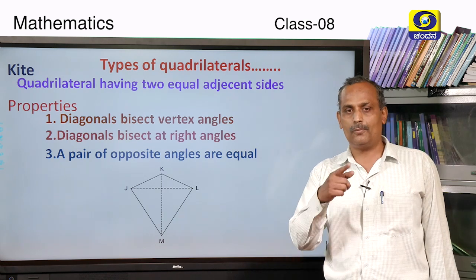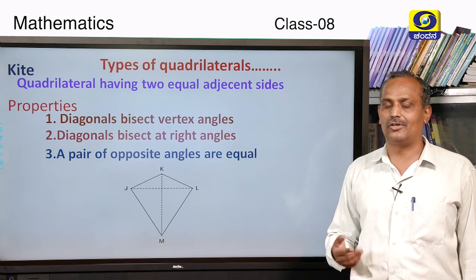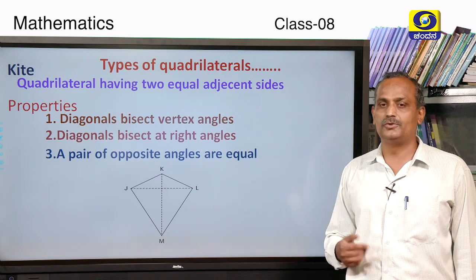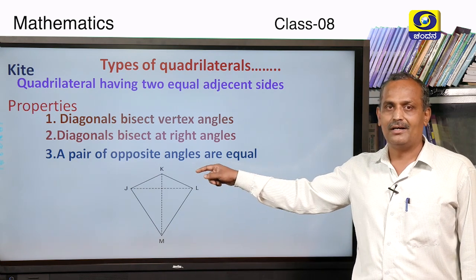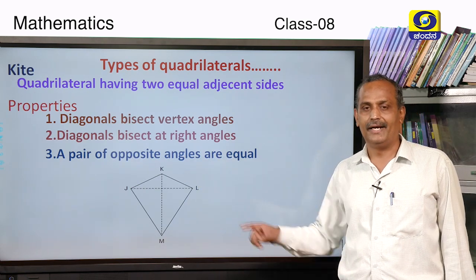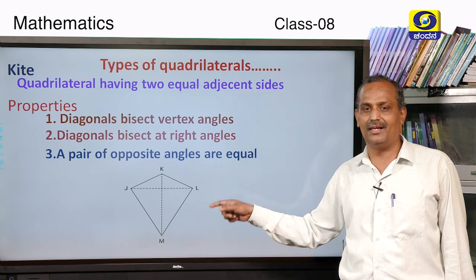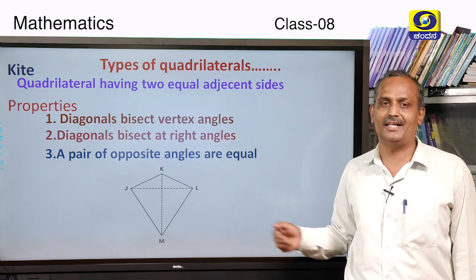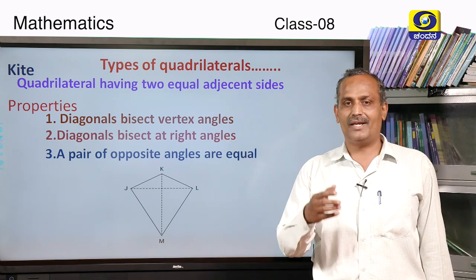One more property: a pair of opposite angles are equal. You know which are the opposite angles here. If I recognize KJM as one angle, its opposite angle is KLM, and they are equal. Similarly with respect to vertex K and vertex M.